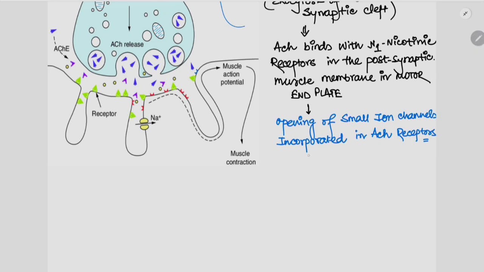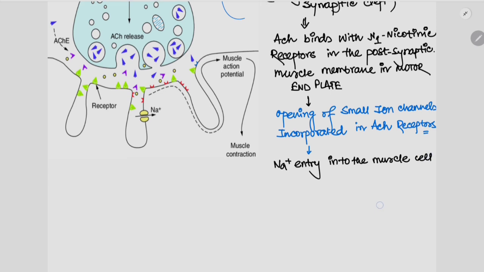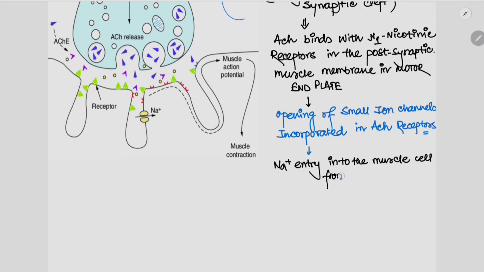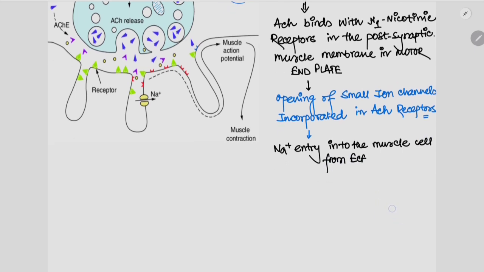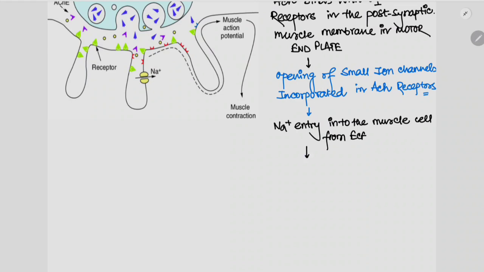So that is entry of sodium ions into the muscle cell from extracellular fluid. If sodium enters, what happens?